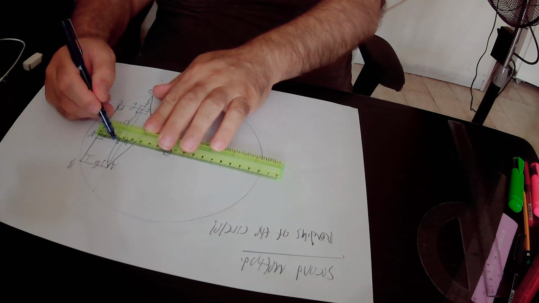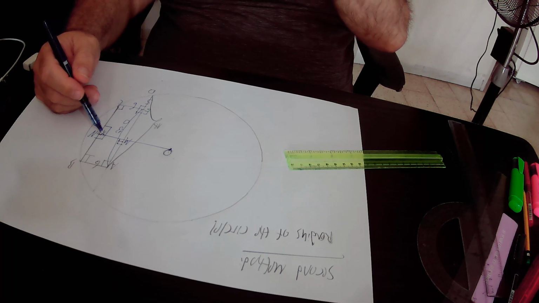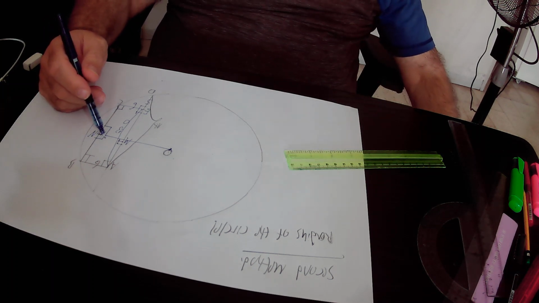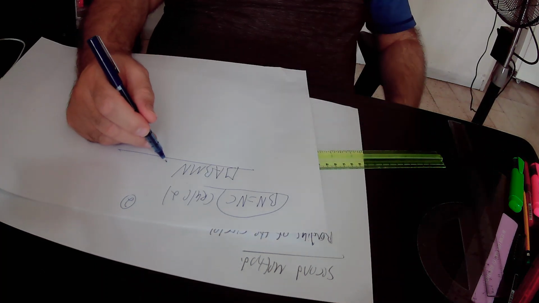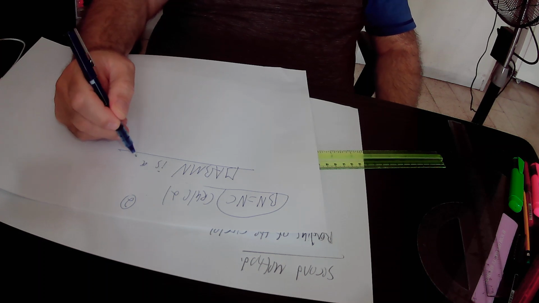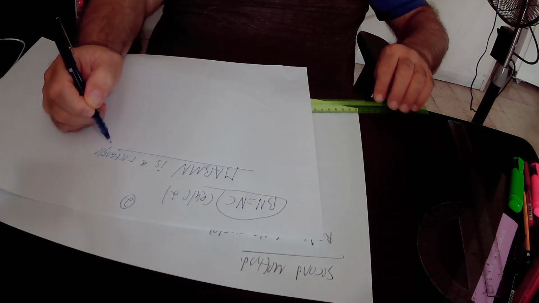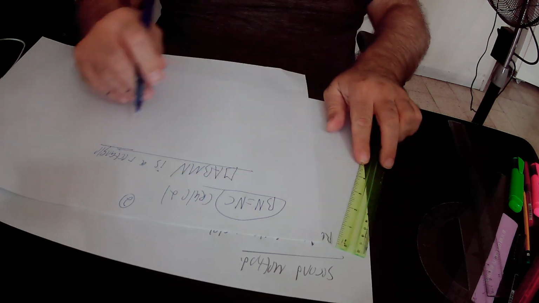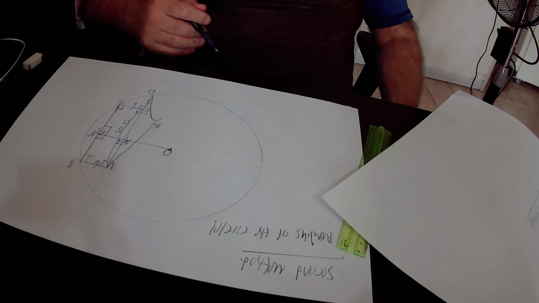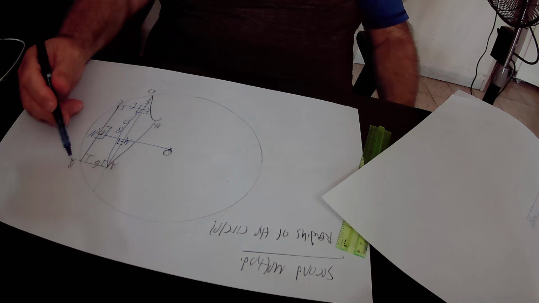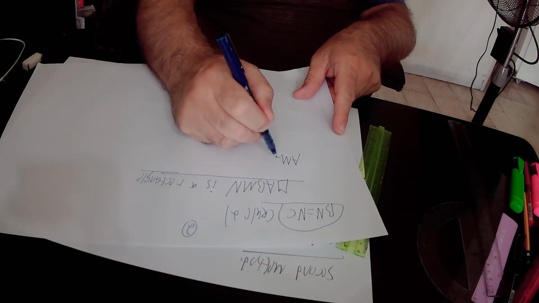Because in quadrilateral ABMN we have 4 right angles, it must be at least a rectangle if not a square. So we will relate to ABMN as a rectangle. We also know that the opposite sides of a rectangle are equal to each other. So in rectangle ABMN, AM equals BN.